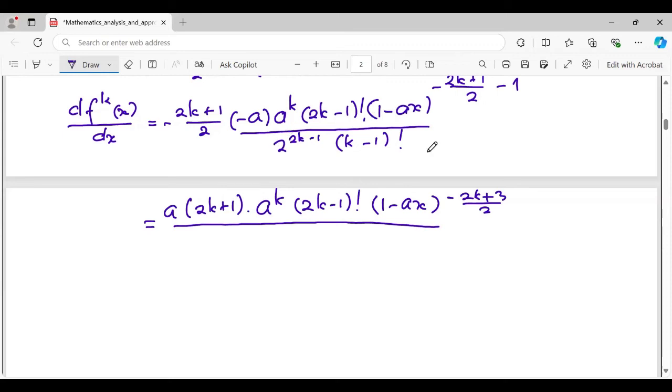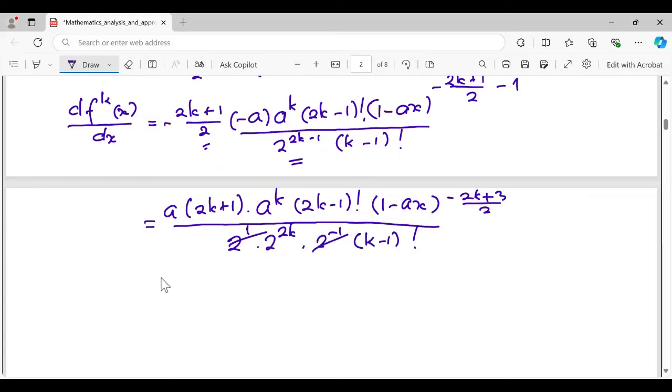And for this term, it becomes 2 power 1 times 2 power 2k minus 1, and then k minus 1 factorials.